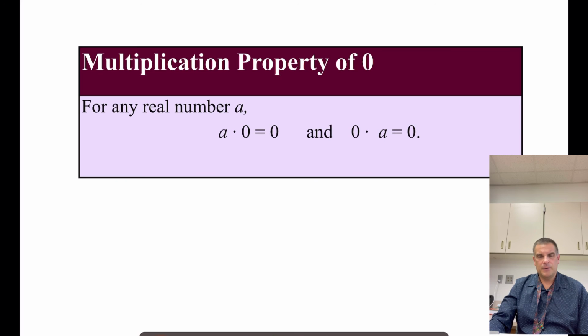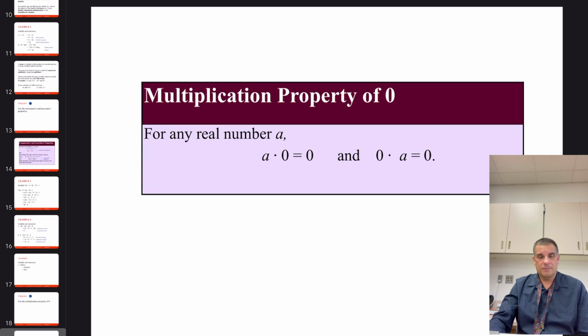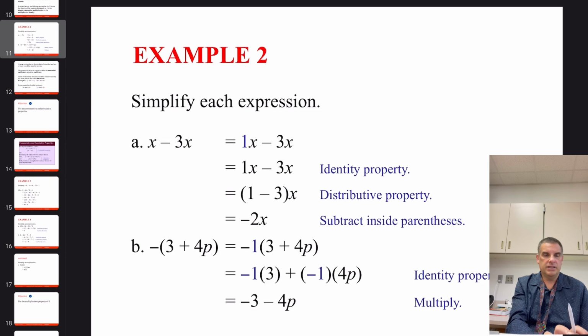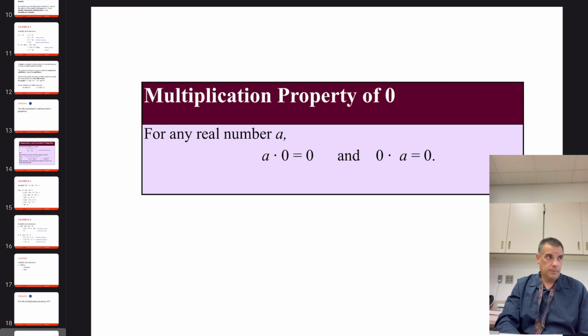Remember that anything times 0 is equal to 0. And anything times 1 is whatever you multiplied by it. So those are the different properties and things that you need to have for section 1.4.